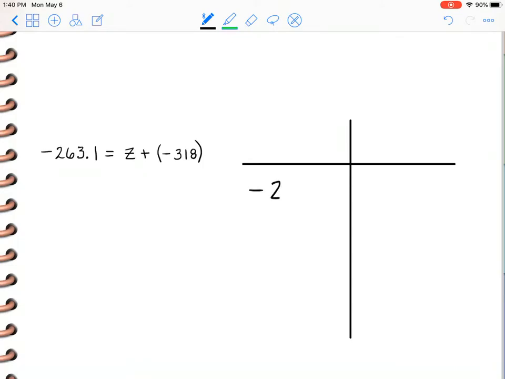So I have negative 263 and 1/10 equals z, add negative 315. I'm sorry, negative 318. I'm going to leave these parentheses because I don't want to mix up that plus and minus. So this is the variables team because of the z.